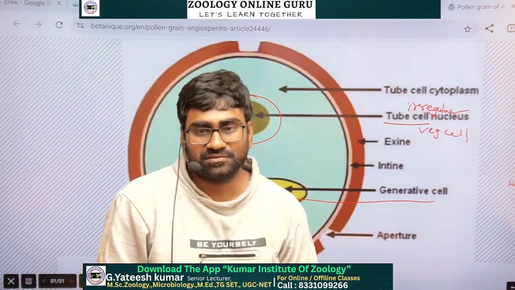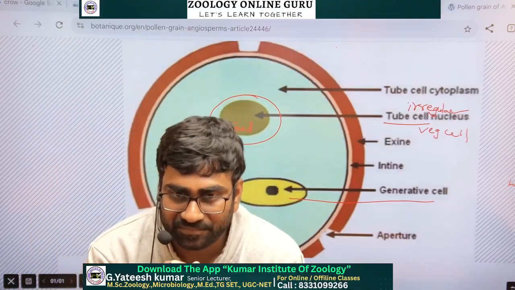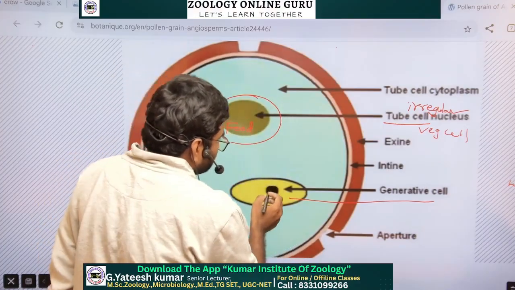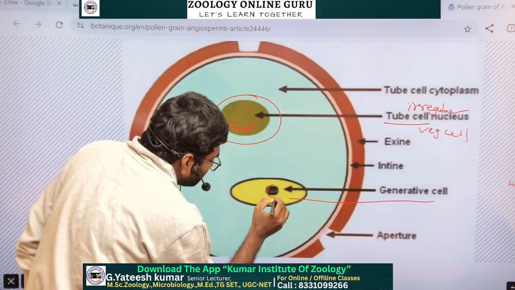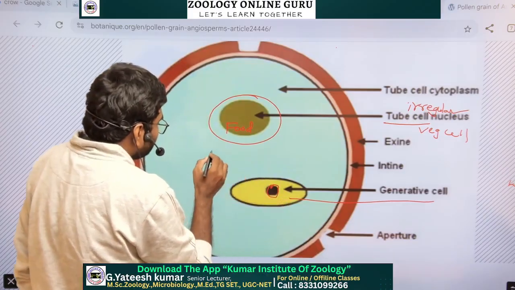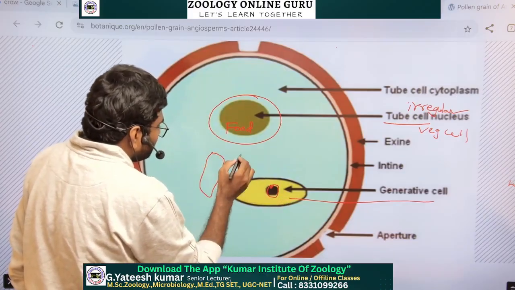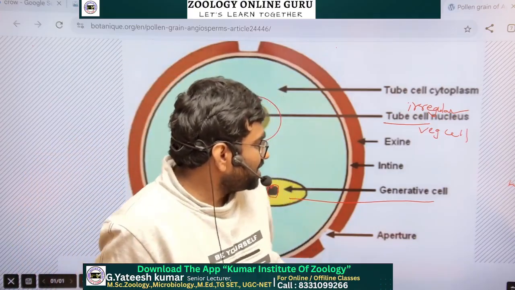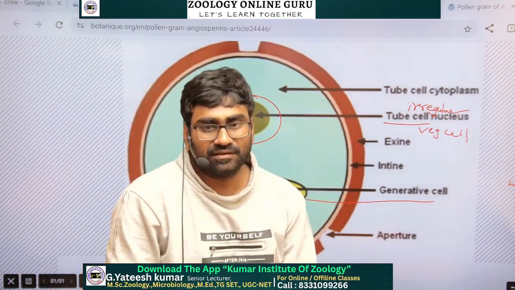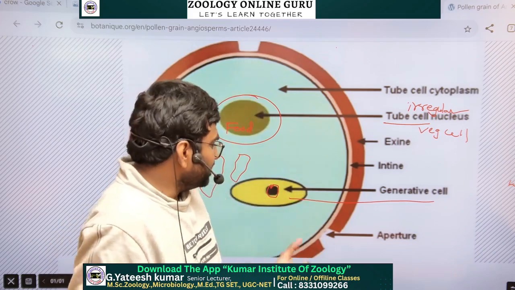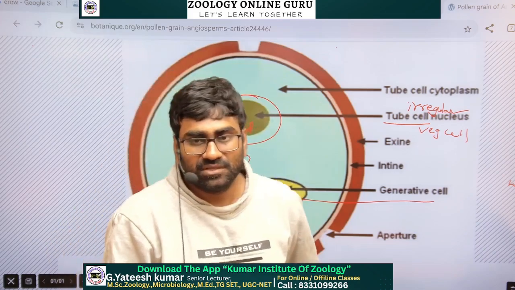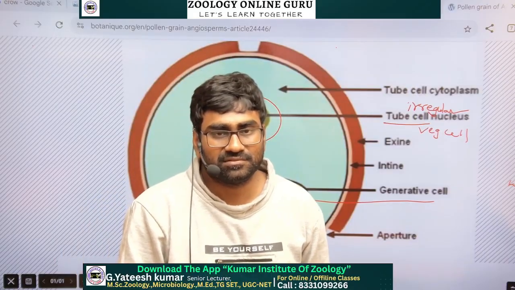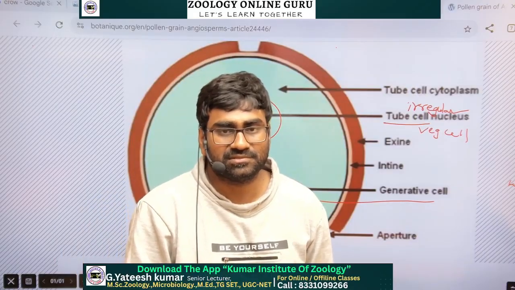Very important: the generative cell floats in the cytoplasm of the vegetative cell, and its nucleus is usually spindle shaped, whereas the vegetative cell nucleus is irregular shaped. Here dense cytoplasm is present, and this nucleus is spindle shaped.